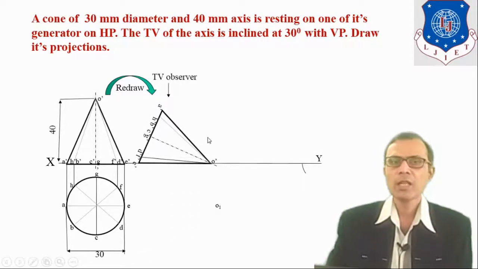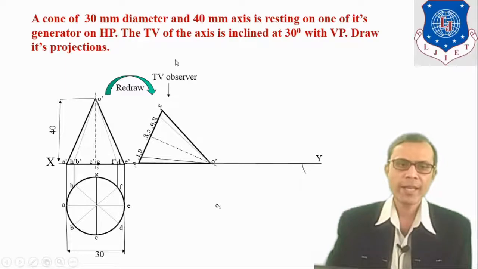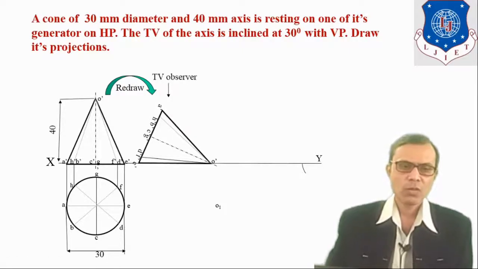So it is a redrawn view. You can see here it is the generator which is on HP. All of the rest of the points are redrawn here with the same dimensions. Now this is the direction of the top view observer. The top view observer is looking from this direction, and from this direction we have to project its top view. So from each and every point draw the projector lines.